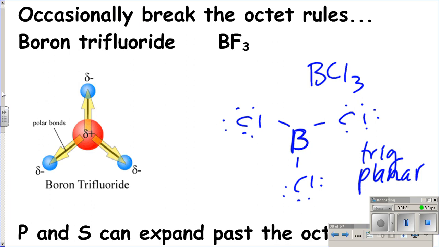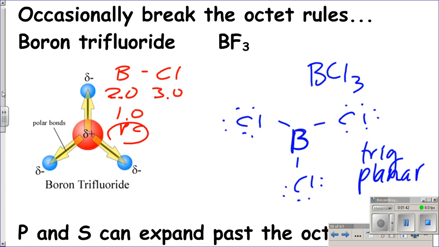But what are the bond polarities between boron and chlorine? Boron's electronegativity is 2.0. Chlorine is 3.0. So that's a 1.0 difference. So what would you classify the bond type as? Polar covalent. Okay, so polar covalent means draw dipole moments, right? So the dipole moment points that way, and that way, because you're pointing towards the chlorine because it's more electronegative.